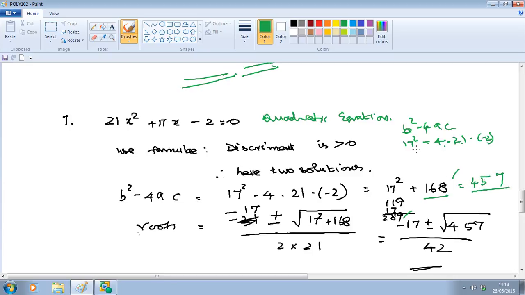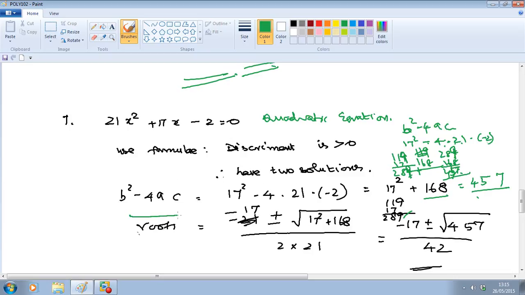Please repeat the calculation. 17 square is 289, and next step, 289 plus 168 if we add, we get 457.